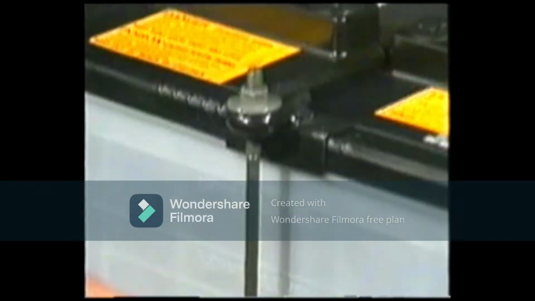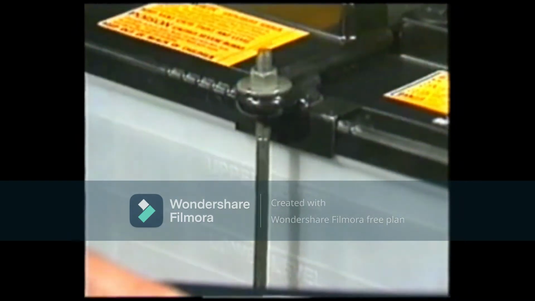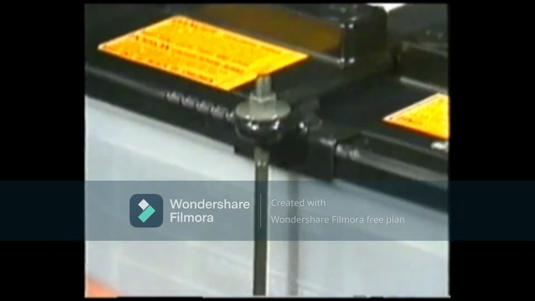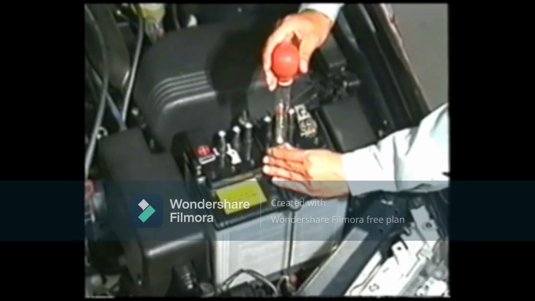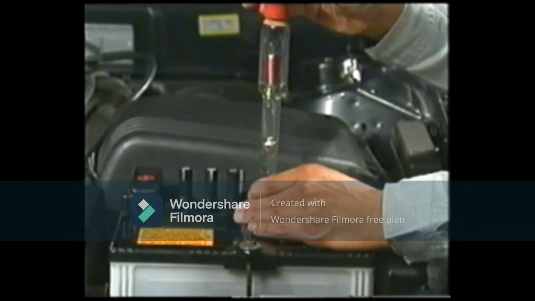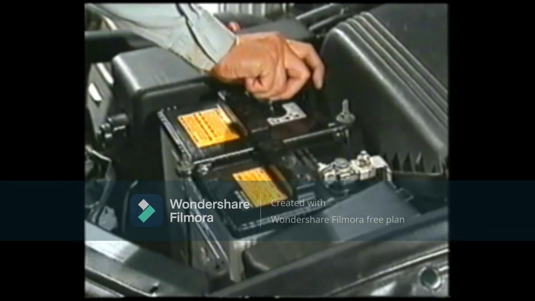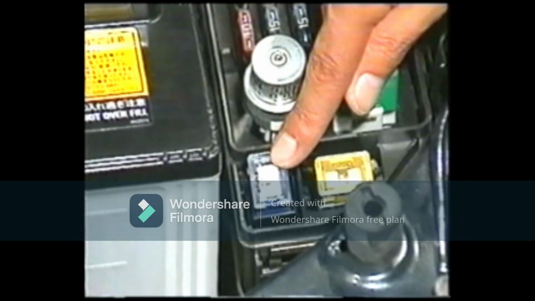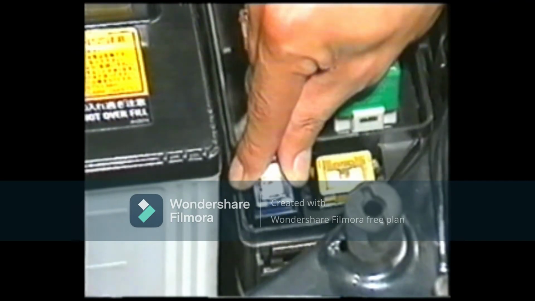You should make sure of the following before investigating the charging system. Is the electrolyte level and the specific gravity of each cell of the battery correct? Are the battery terminals, the fusible links, fuses, and connectors connected correctly?